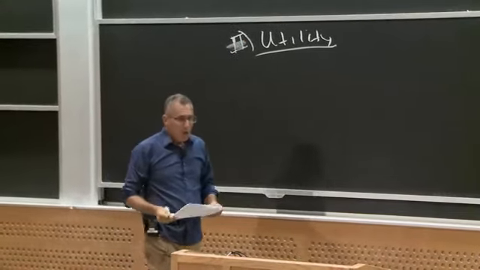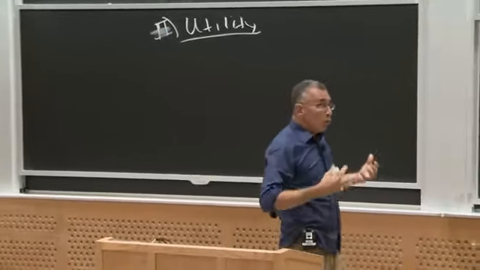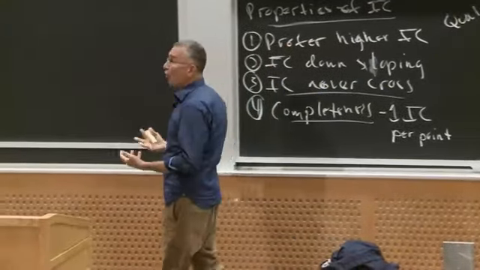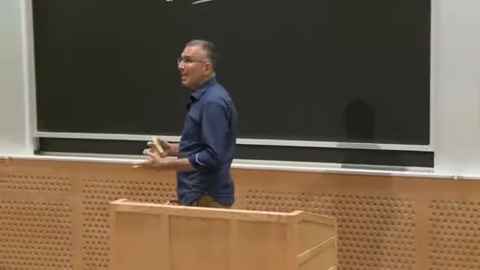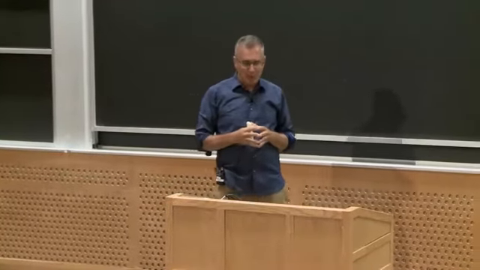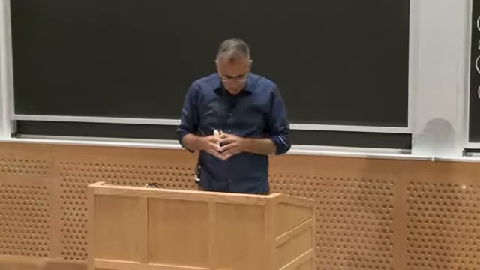So basically, underlying where preferences come from is a mathematical function we call the utility function. It's basically how we mathematically represent these graphical indifference curves. Okay?